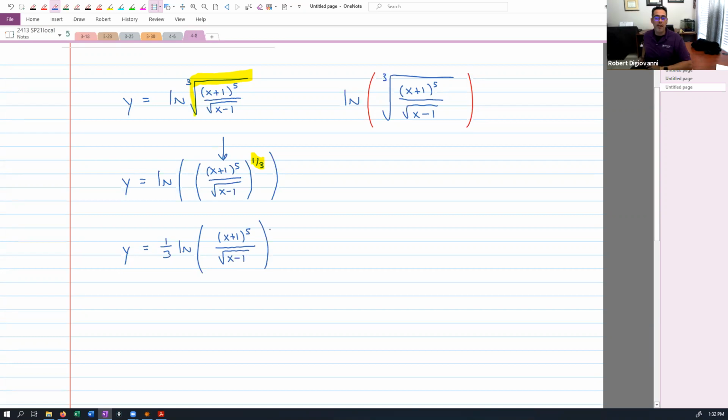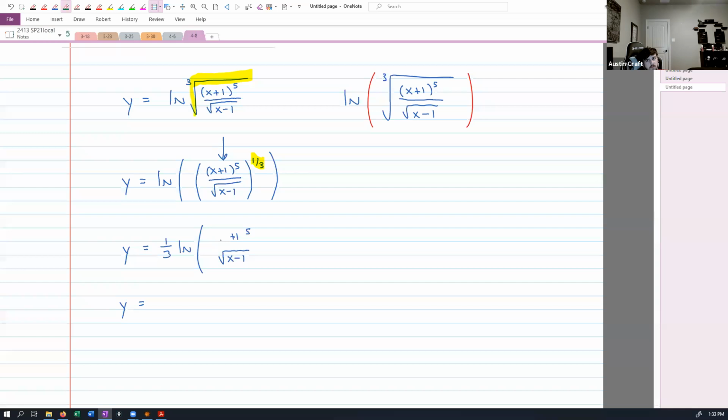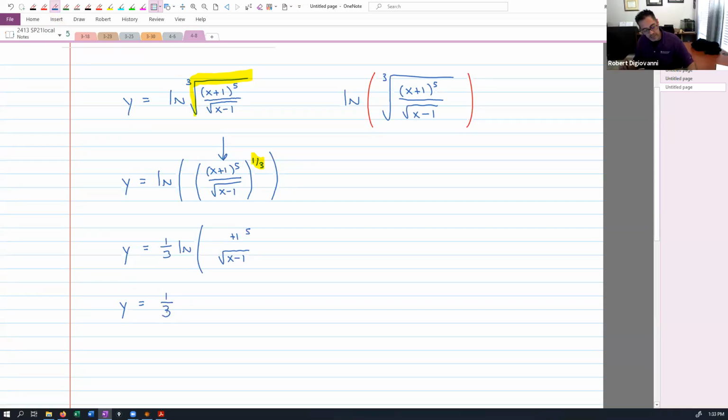Now you can split it up into 1/3 natural log of x plus 1 to the 5th minus the bottom part, because I have division here, so I can split this into 2 logs with subtraction between them. Now, you have to be real careful because you had a 1/3 out here, and that 1/3 is going to have to impact both the logs that we're about to create.